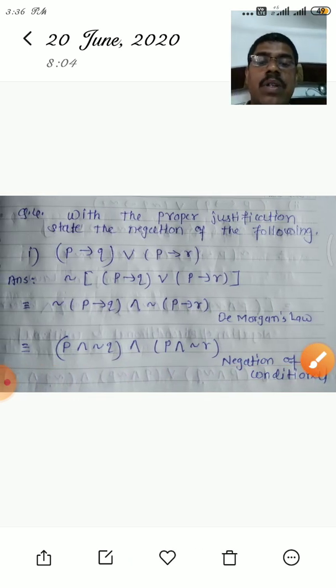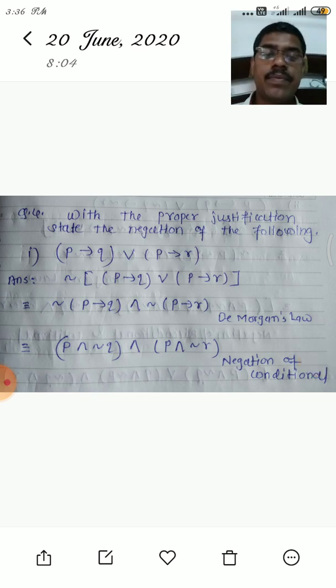Next question: with the proper justification, state the negation of the following. Justification means we have to write down which rules we apply.